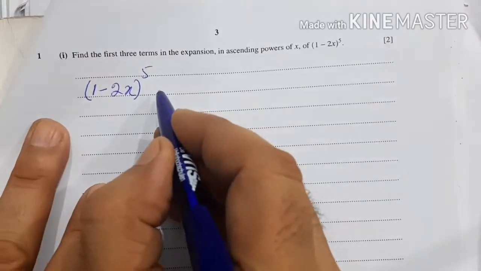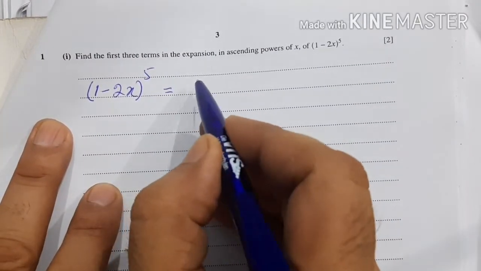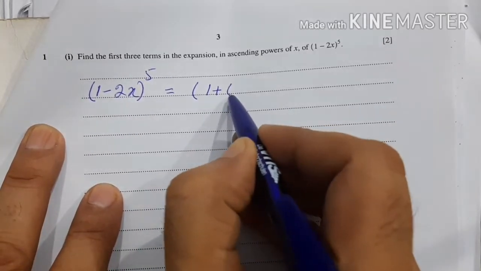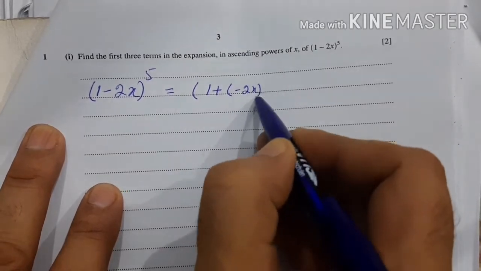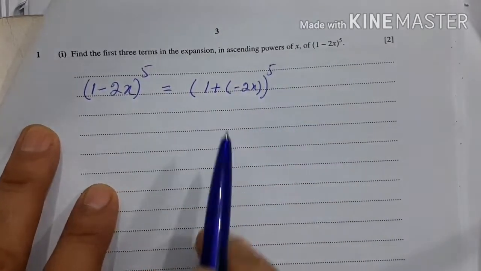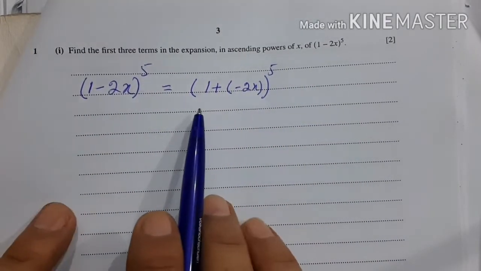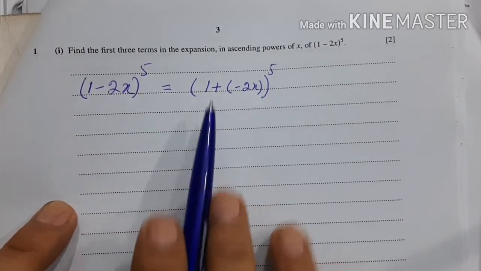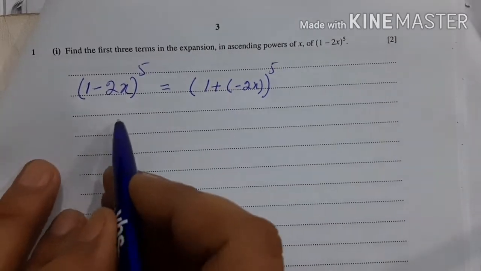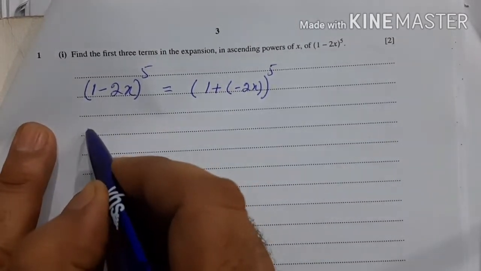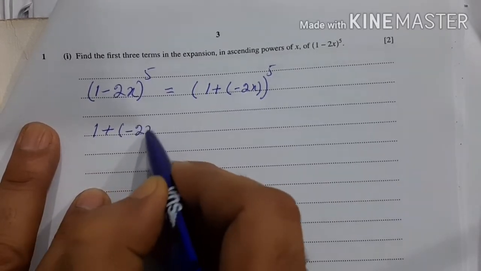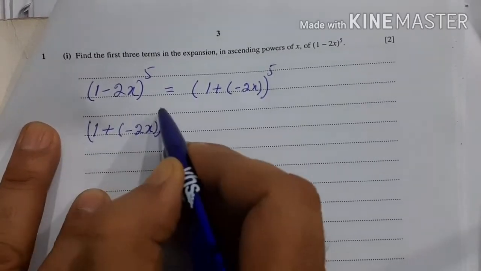Okay, so we can write it, for our convenience, as (1 plus minus 2x) power 5, because we have read this formula of binomial expansion in 1 plus x, so that will be easier. So I'll open this (1 plus minus 2x) power 5.